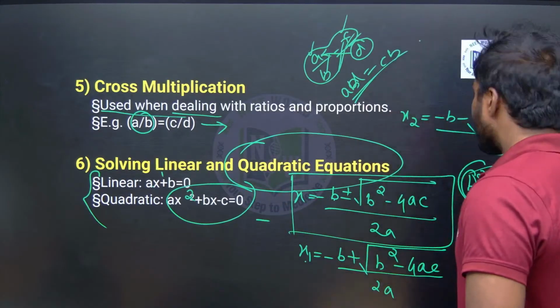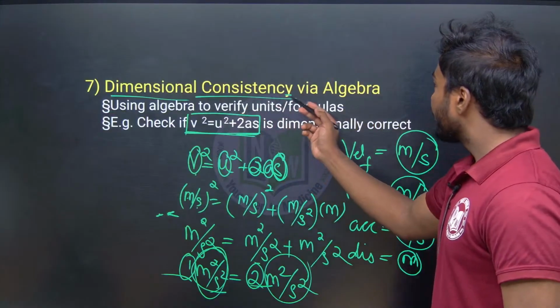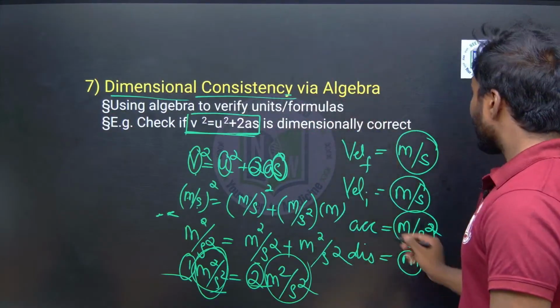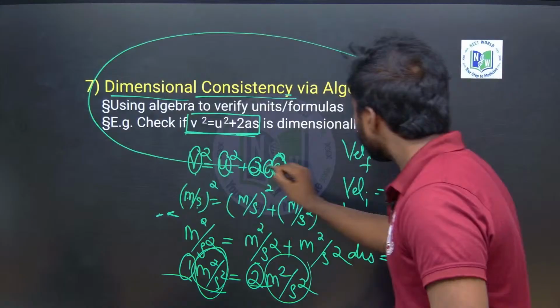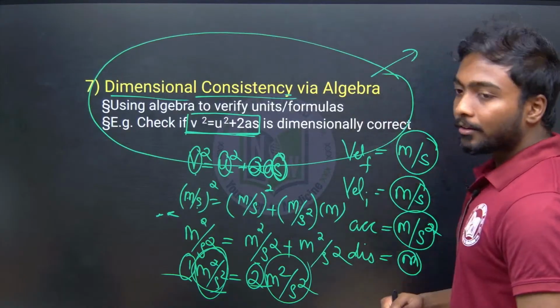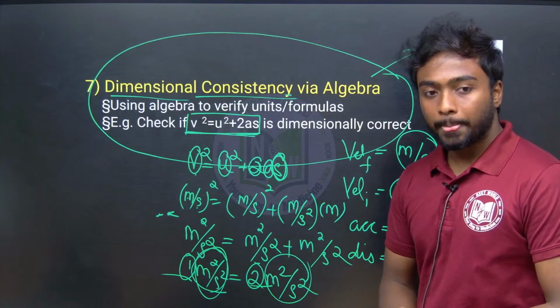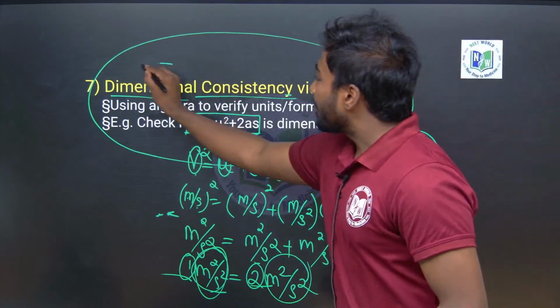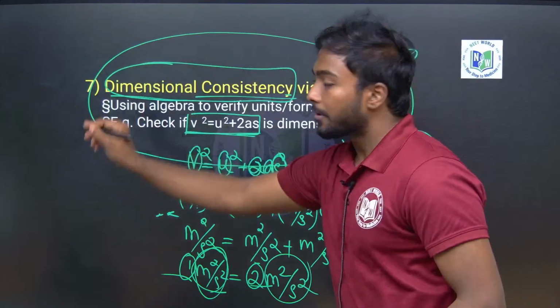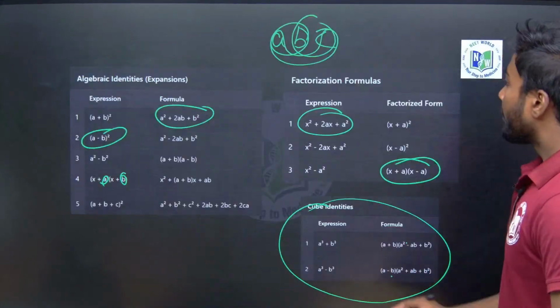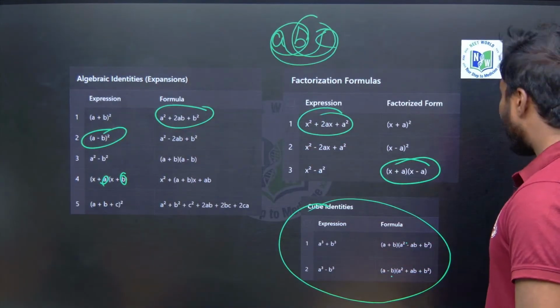Next one, dimensional consistency via algebra. There is a separate topic on significant figures, units and dimensions, in which we will see dimensional consistency separately. Next, some formulas in algebra.